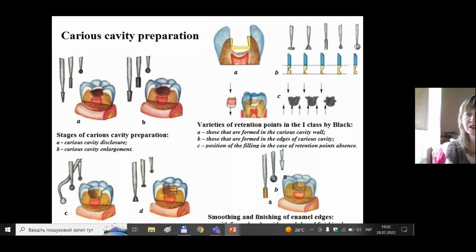Mechanical adhesion can be obtained if retentive points are appropriately made, where cement can flow, and due to these retentive points, it can be kept there for a long time. And here you have burrs and retentive points that they can make in dentine to keep the material inside the caries cavity.